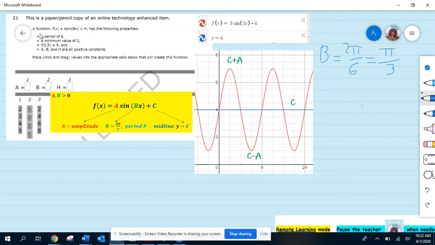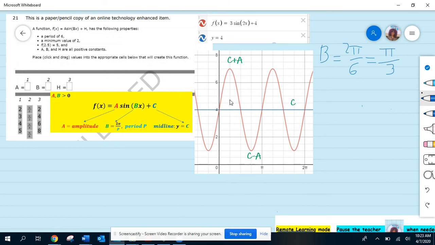Then let's see what it's all about with the minimum and maximum value of the function. We have here an example from Desmos. You have the graph of the function in red, and in blue the line y equals 4 that passes through the middle of the graph. This is our midline.